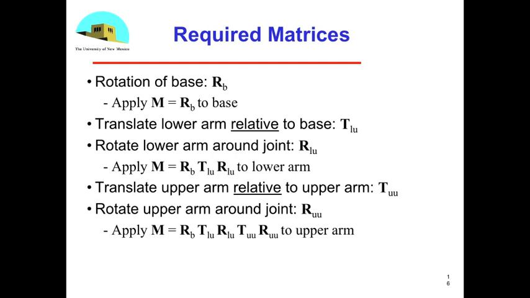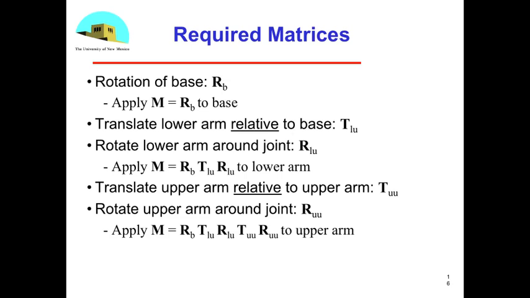But I also have to realize that it's going to have the base rotation applied to it. So the appropriate matrix to draw that lower arm is to first rotate it in its own coordinate system, translate the resulting object up, in our case by this translation matrix TLU, and then apply the base rotation to it.